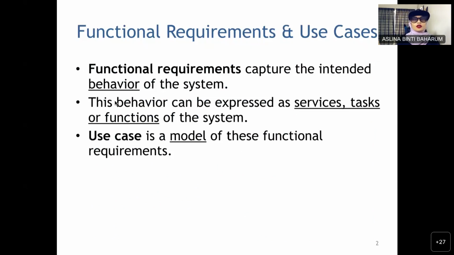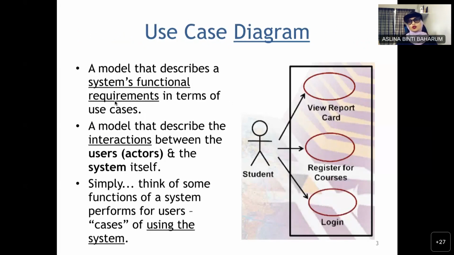This behavior can be expressed as services, tasks, or functions. So easier for you to understand is the features and functions of your system. So use case is a model to show the functional requirement. So in use case diagram, we describe it as a system functional requirement.